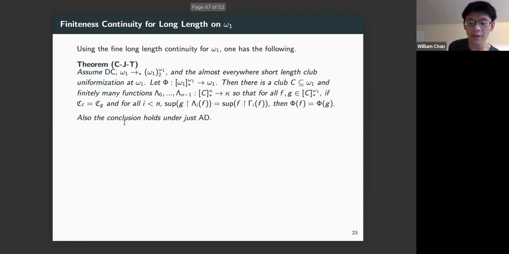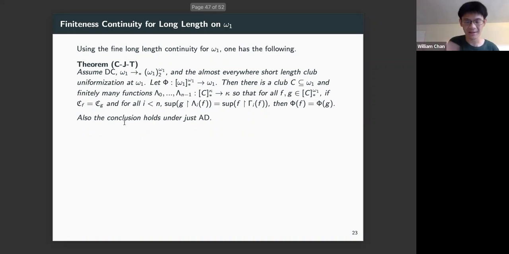And suppose that the supremum of g up to lambda i of f is equal to the supremum of f up to lambda i of f for every i less than n, then phi of f is equal to phi of g. As soon as you add in that they must share the same closure point, you get this analog of the finite continuity property.